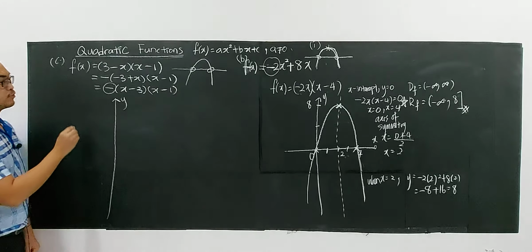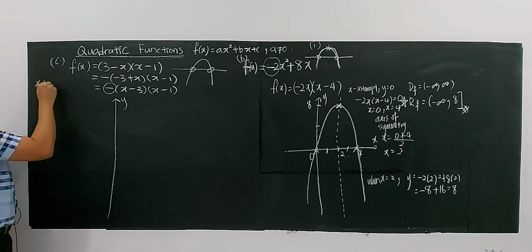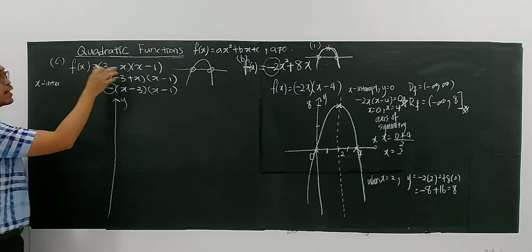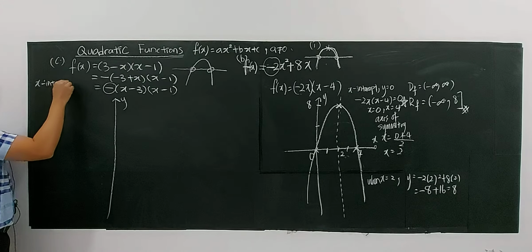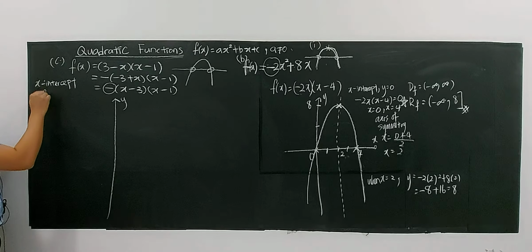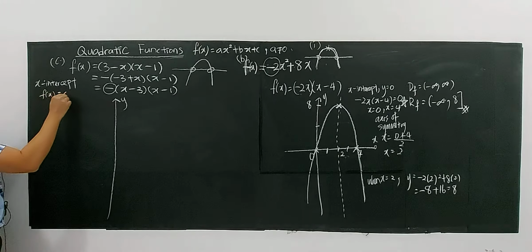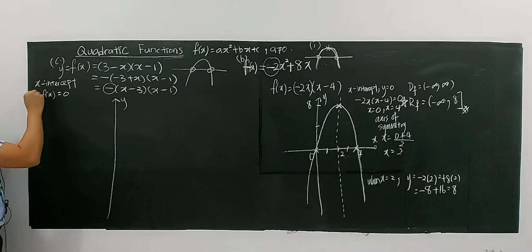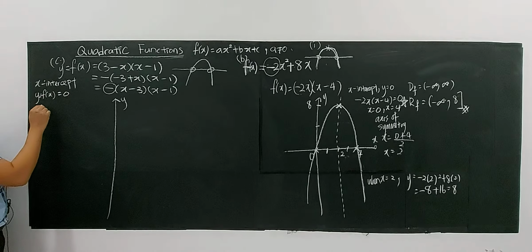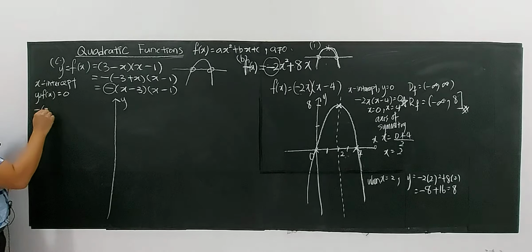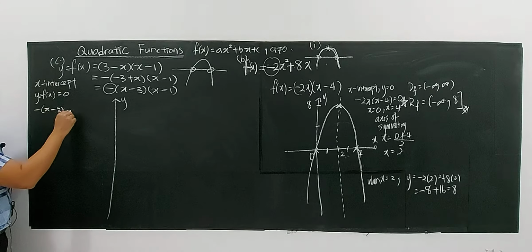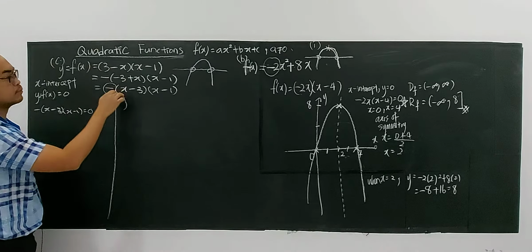At first, you must find the x-intercept. For this type of case, which already has two factors, you have to find the x-intercept, which is f(x) equals 0 or y equals 0, right? Then you have -(x - 3)(x - 1) = 0. It's the same, right?